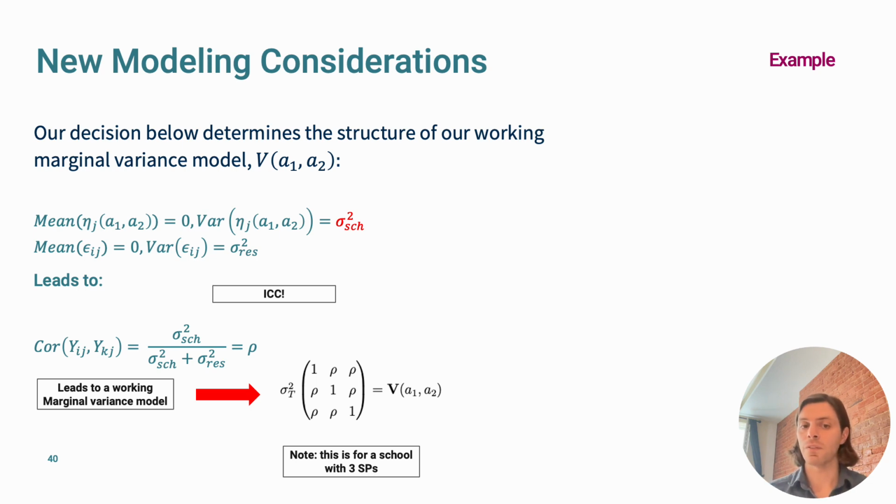Once again, if you look at the first column in the third row, rho is the correlation between our first school professional and our third. Likewise, the intersection of column 2 and row 3 would be the correlation between school professional 2 and 3. So this is our working variance structure if we assume the variance of that school level intercept is sigma squared of school, and leads to our working marginal variance model of V of A1, A2.